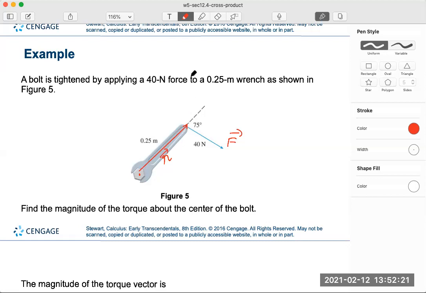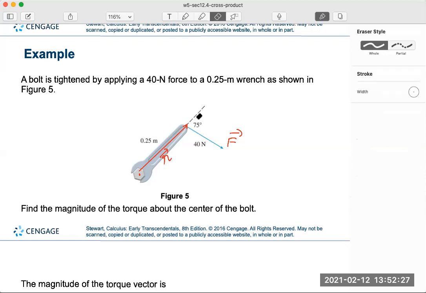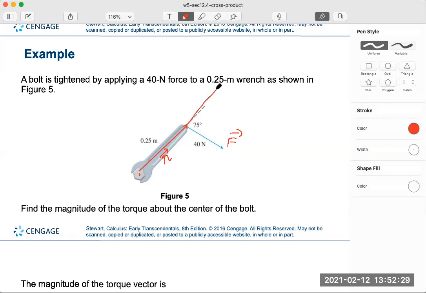So R, let us see, if we extend it here, R will be similar to this vector, right? They have the same value. Then R cross F, and the angle between them is theta here, right?